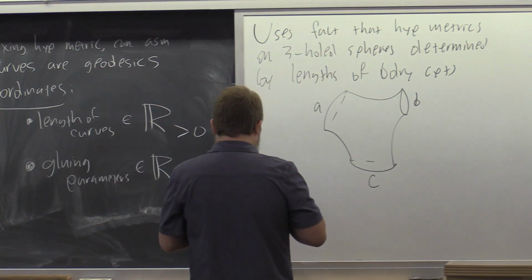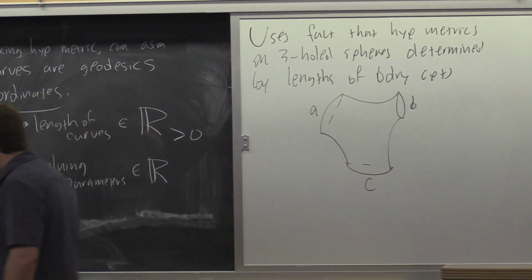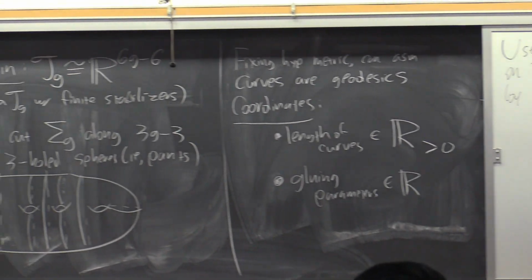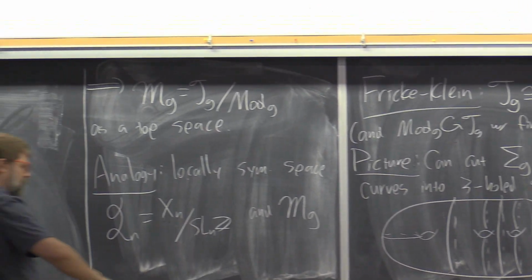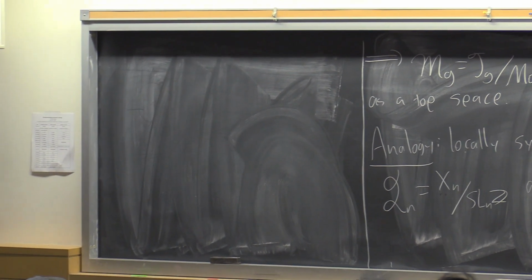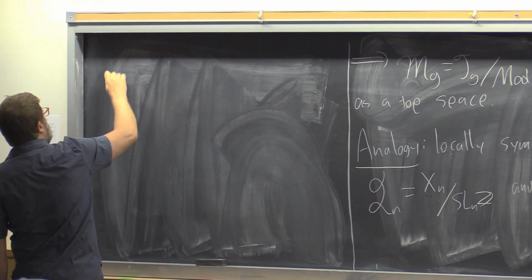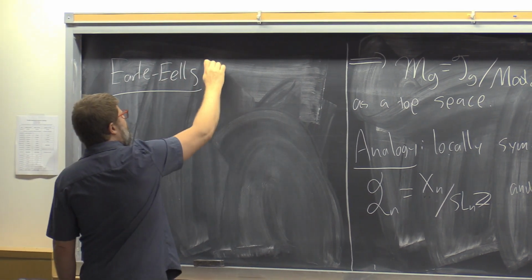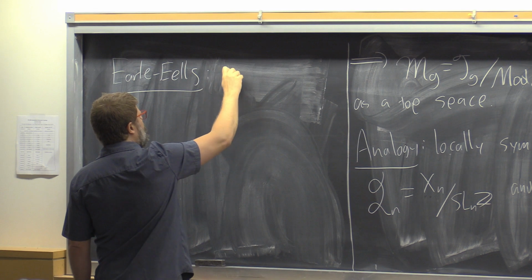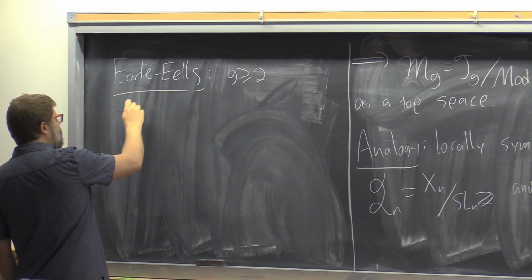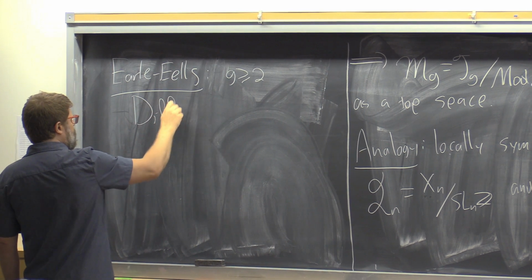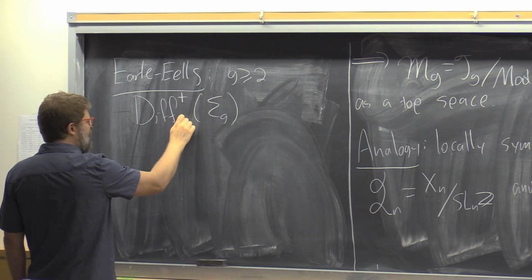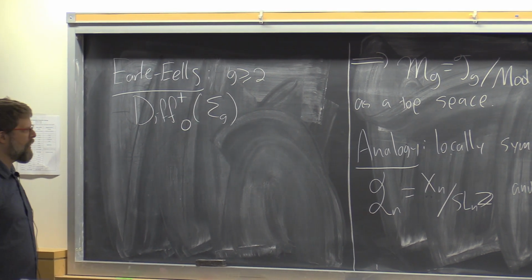So what do I mean? What theorem? I guess I'll write it over here. It's a theorem of Earle and Eells that says, for g at least 2, this is false for a torus and a sphere, that if you take the orientation-preserving diffeomorphisms of Σ_g and take the identity component, it is contractible.